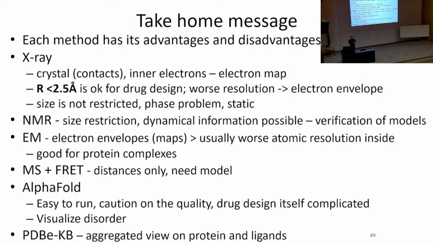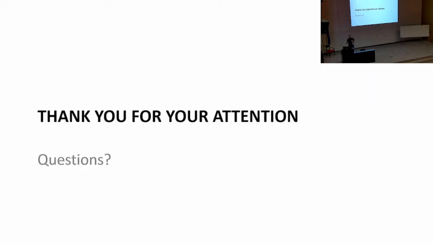And the PDBe knowledge base is a quite nice aggregator of those resources that gives you the information in one spot, completely, in order to see what you are looking for. It usually is there. And with that, I would like to thank you for your attention, and if you have any questions, please do ask.